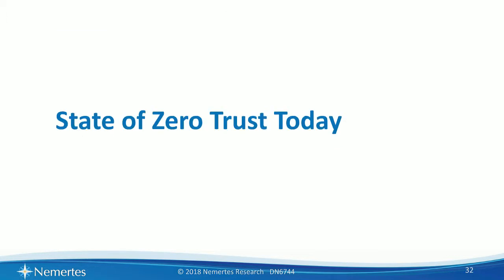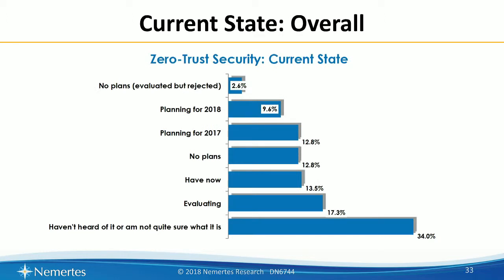And so in this past round of cloud network and security research, our 2017-2018 research study, we dug in a little bit on the deployment of zero trust in the enterprise. And what we saw is that overall, only about 13% of the folks that we spoke to had begun to deploy a zero trust environment at that time. Another 20% approximately were planning on doing so by the end of this year, 2018.